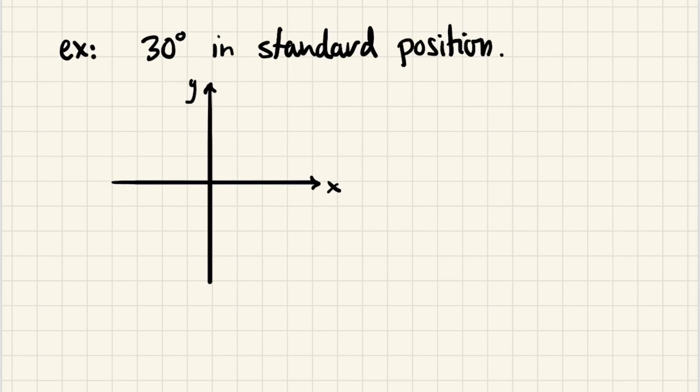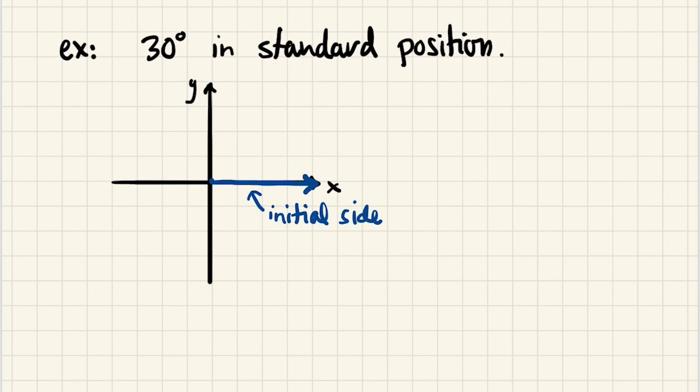So let's take a quick look at an angle in standard position. So in standard position, that means the initial side of the 30 degrees coincides with the positive x-axis, and the terminal side will be 30 degrees away. Now, it's important to stress that we can have negative angles. So positive 30 means we are reading counterclockwise from the initial side.